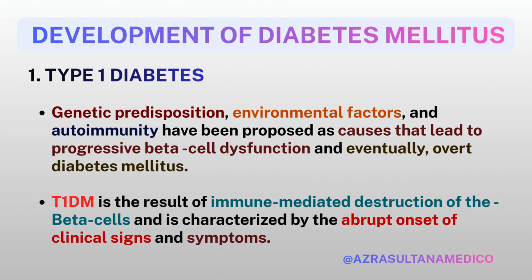Once most beta cells are destroyed, patients develop abrupt onset of clinical signs and symptoms, which may include polyuria, frequent urination, polydipsia, excessive thirst, polyphagia, increased hunger, weight loss, and fatigue. Without insulin therapy, individuals with T1DM are at high risk of developing diabetic ketoacidosis, DKA, a life-threatening complication. Thus, type 1 diabetes is primarily an autoimmune disorder resulting in absolute insulin deficiency and rapid clinical presentation.